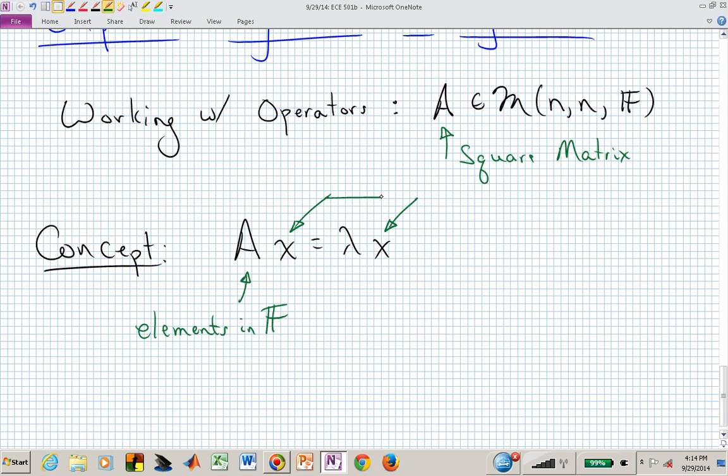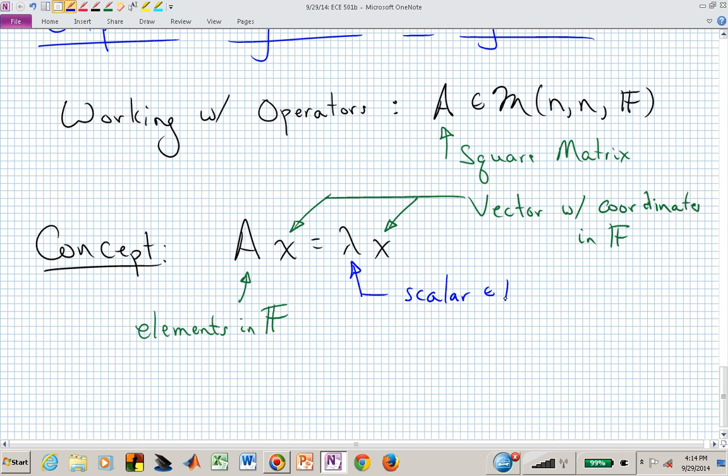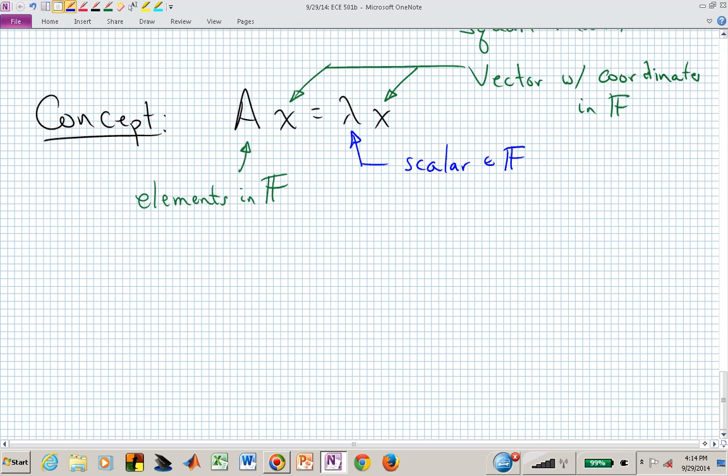The vector x, it's just one vector. We're allowing its coordinates to come from that same field, F, and the scalar lambda is an element of F. That's our eigenvalue eigenvector equation.